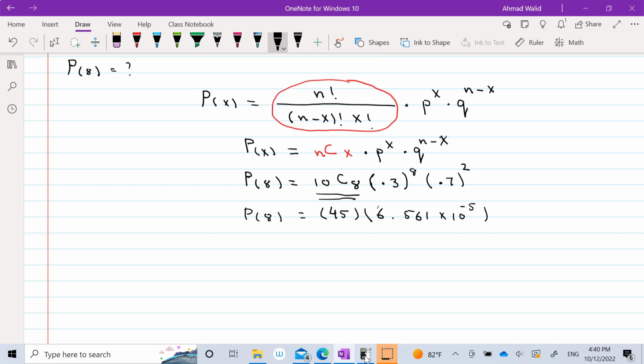Times 10 to the power of negative 5 means move your decimal 5 places to the left. Correct? Times 0.7 squared, you can use the calculator, is the same. 0.7 squared gives you 0.49.